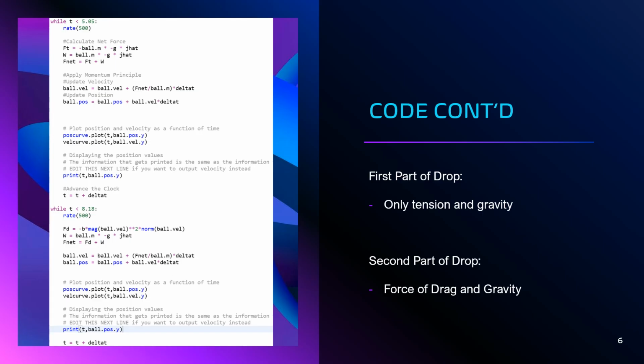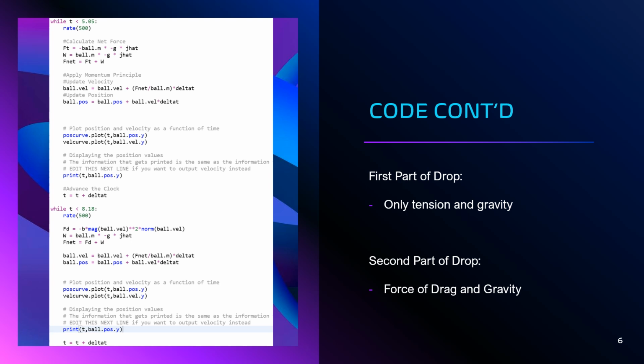And then, for the first while loop, we have to model the motion while the top of the Slinky is falling, but the bottom of the Slinky is still stationary. And to do this, basically the only forces involved are the force of tension in the Slinky and the weight of the Slinky.